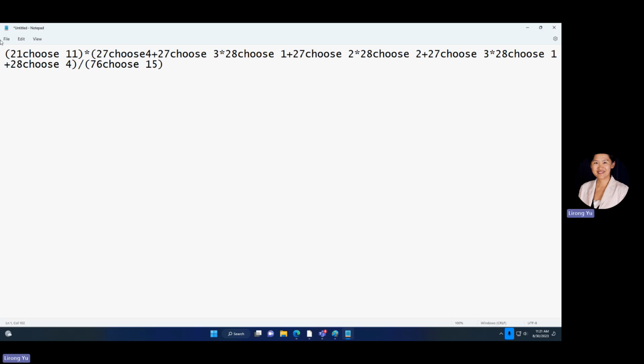These are all the ones I tried to calculate the combination number using the Google calculator.